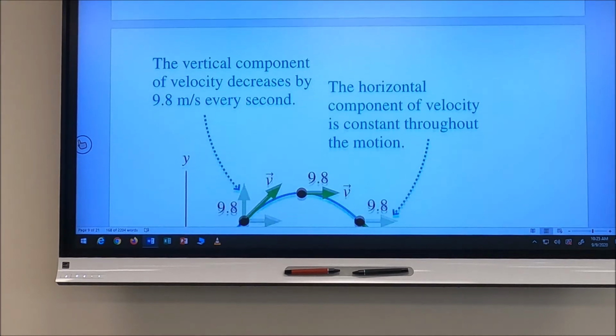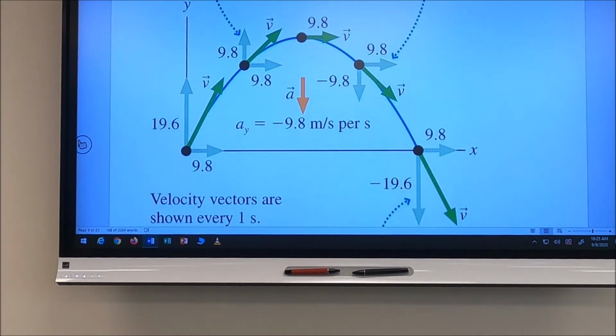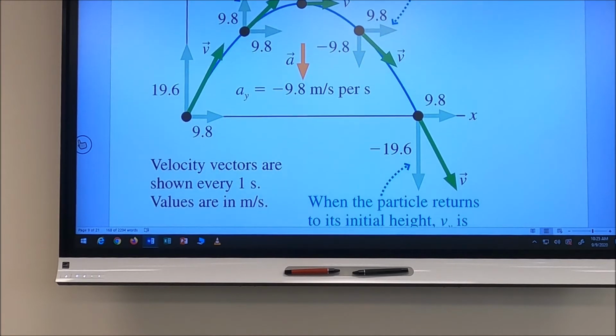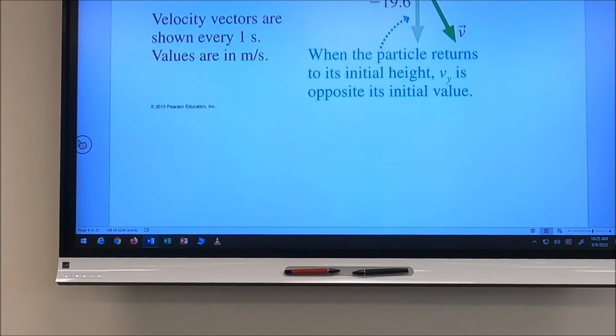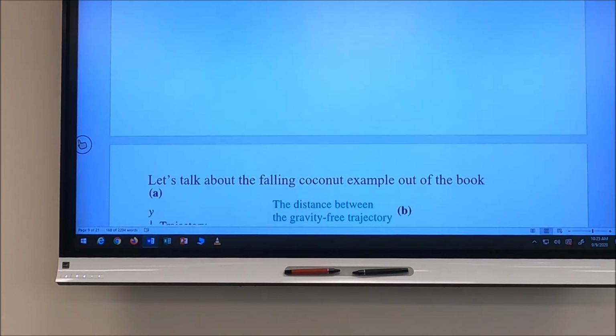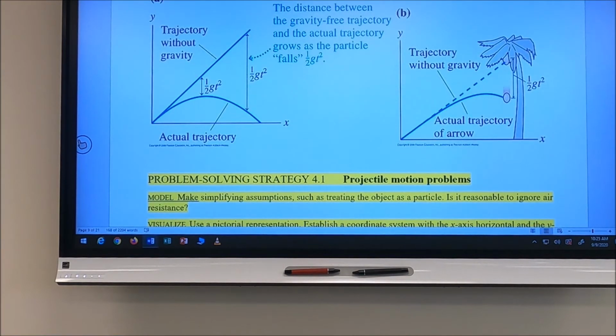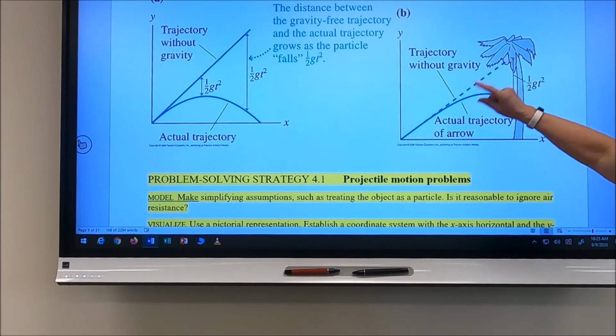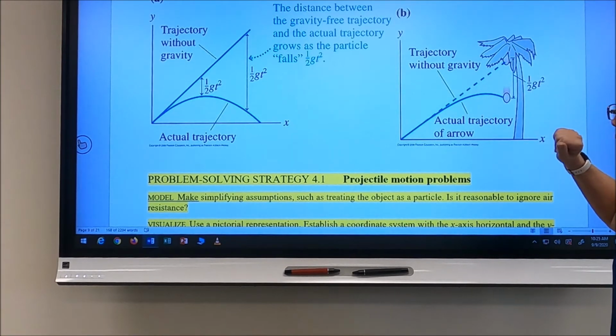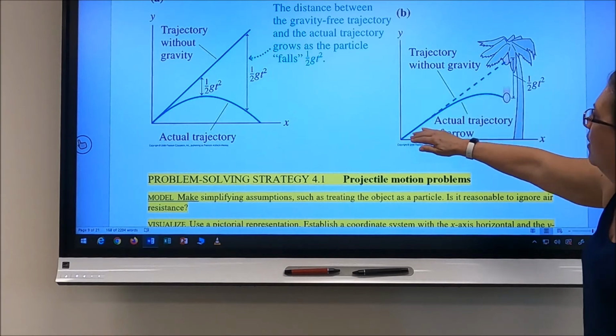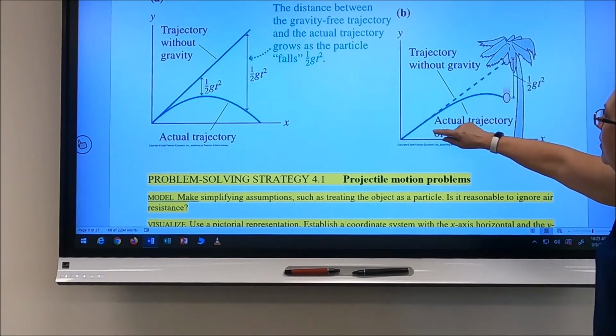Okay. So there's the graph we were just looking at. Now, let's say that we were firing at a coconut, and at the instant we fired, the coconut were to drop. Now, there's our sight line.